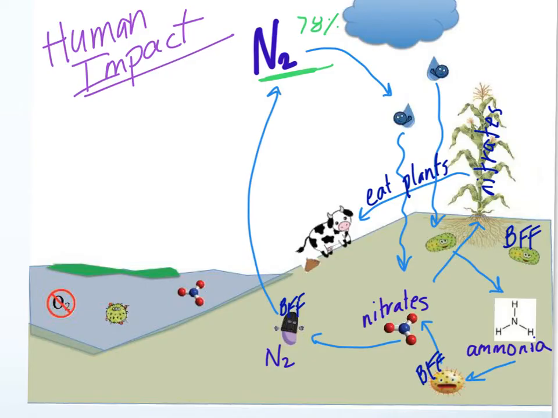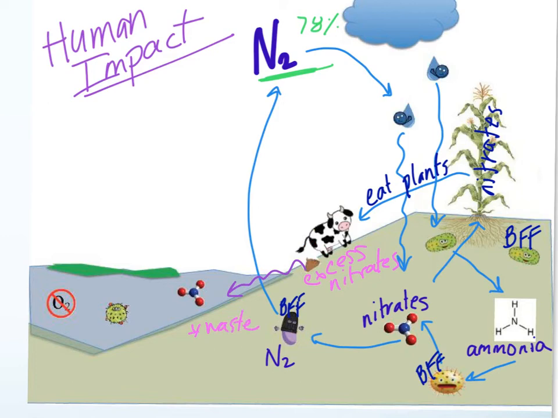And the biggest impact we have is this right here. Allowing excess nitrates to get into the hydrosphere. And excess nitrates are typically found in nature in the following forms. Waste.